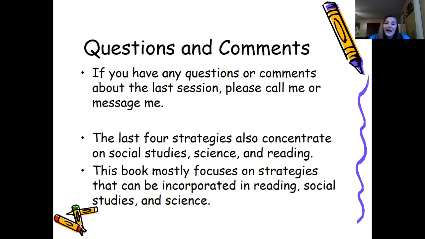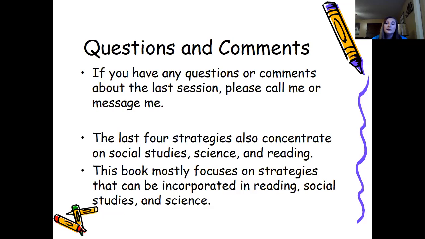And again, the last 4 strategies concentrate mainly on social studies, science, and reading, especially with the biographies. So the conclusion of this is that this book mostly focuses on strategies that can be incorporated in reading, science, and social studies. But again, I'm sure if we wanted to, we could try to incorporate math in there.